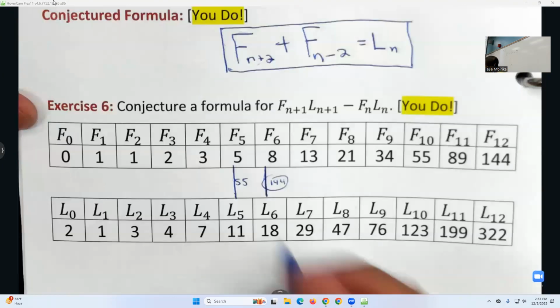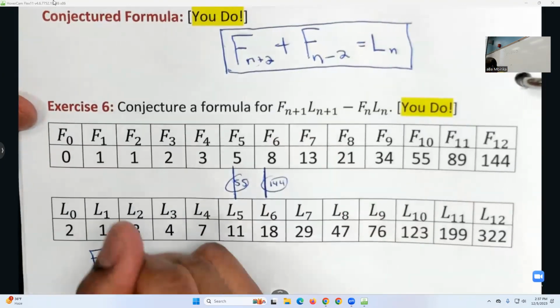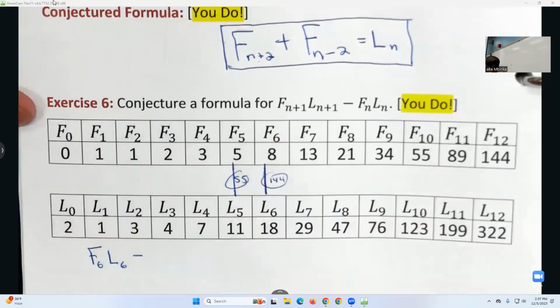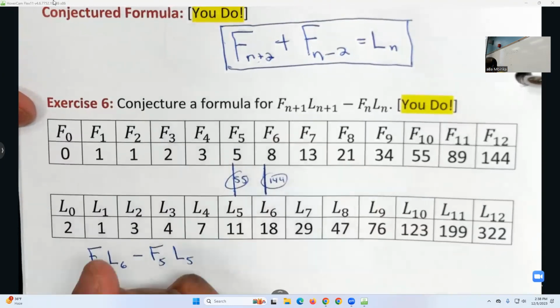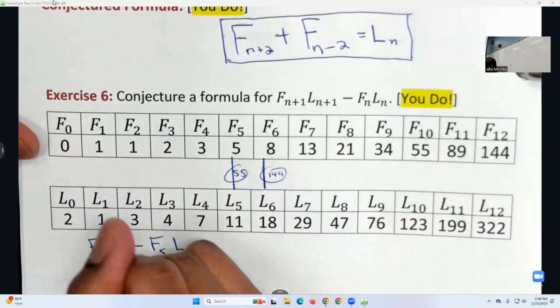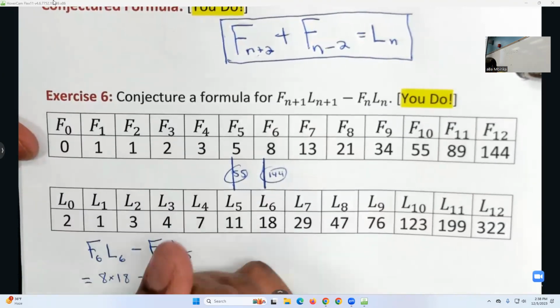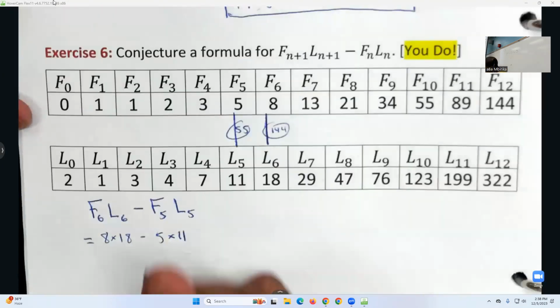Let's be a little bit more formal. We have F6 times L6 minus F5 times L5. What we get is 8 times 18 minus 5 times 11. Sorry, I'm doing that multiplication in my head already.